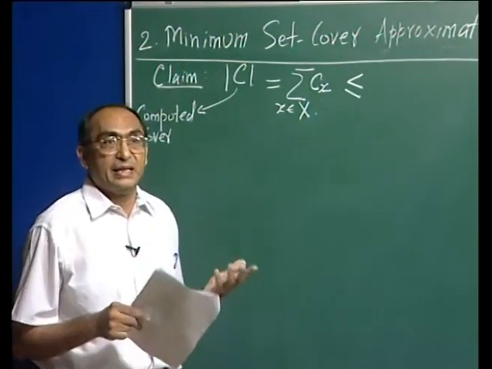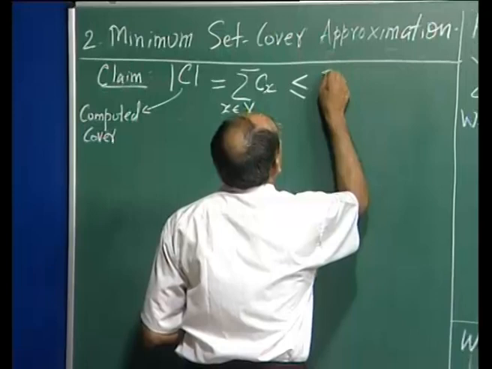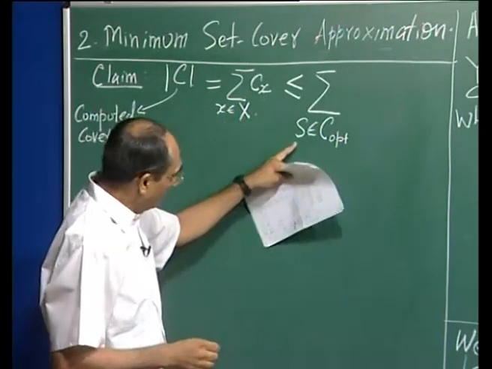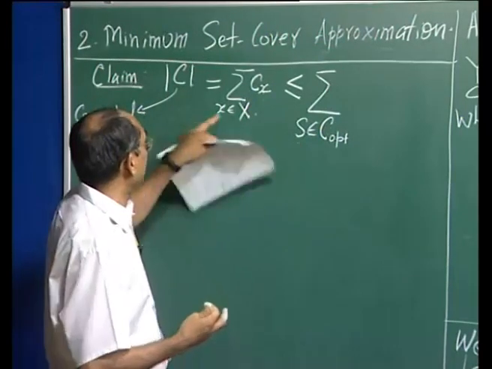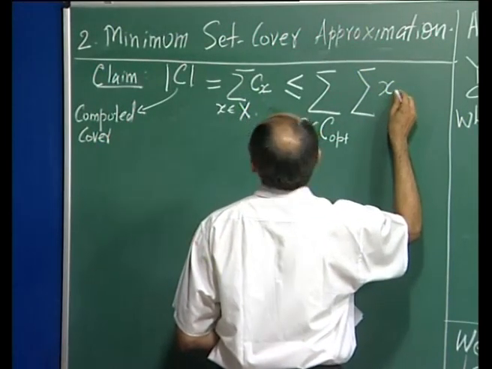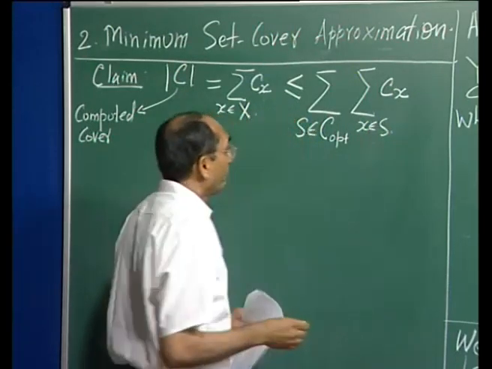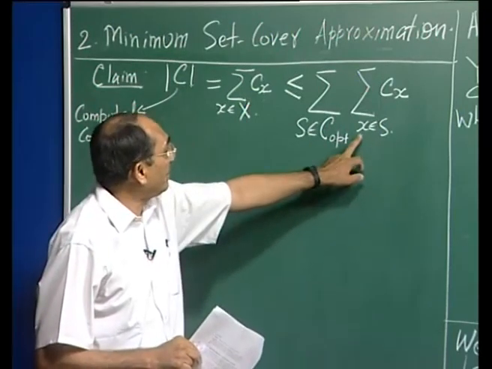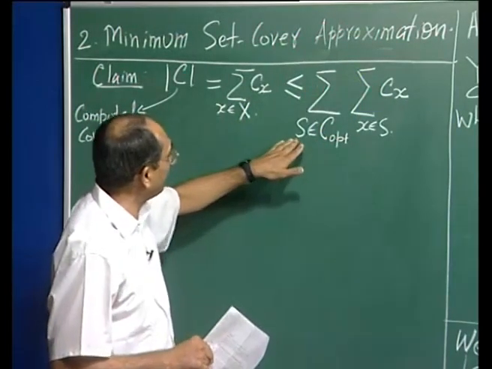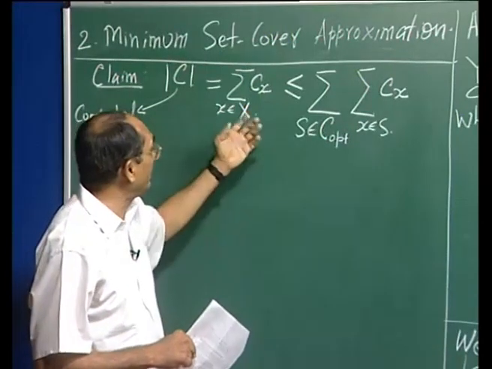Now, optimum cover is a cover, hence it also covers every member of X. So, I am just rewriting this in the following fashion: sum over S belonging to C opt, we have sum Cx, x belonging to S. So, every member of this set I take, I add up their costs, and then if I add up over all the sets in C opt, I have definitely taken care of every member of X. But it is also possible that I might have taken care of some elements more than once.